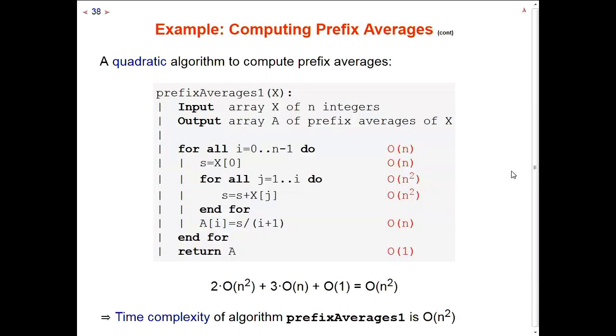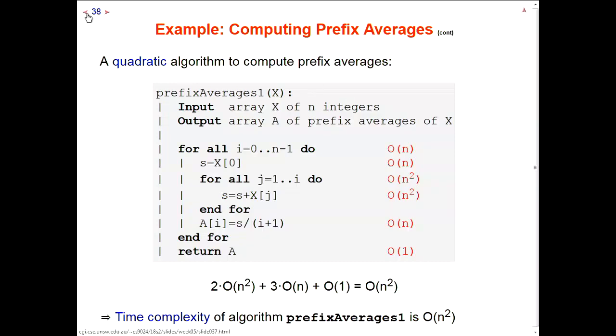And we are now looking at two possible algorithms for implementing the computation of these prefix averages and determining the runtime behavior of these algorithms. Here's the first one, where you do a straightforward implementation. For every element in the array, you go through the elements in that array up to that index, sum them all up, and divide by the number of elements.